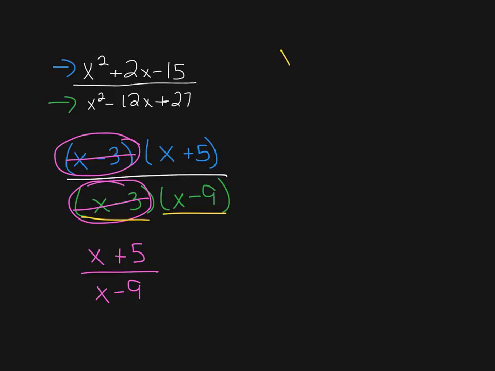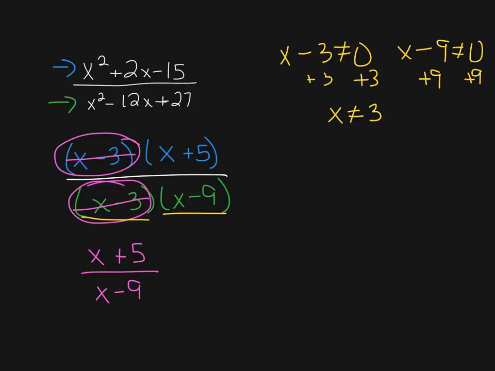Alright, so x minus 3 cannot equal 0. x minus 9 cannot equal 0. So we add 3. x cannot equal 3. Add 9. x cannot equal 9. So x cannot equal 3 or 9.